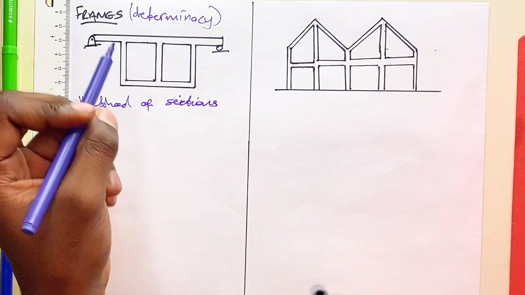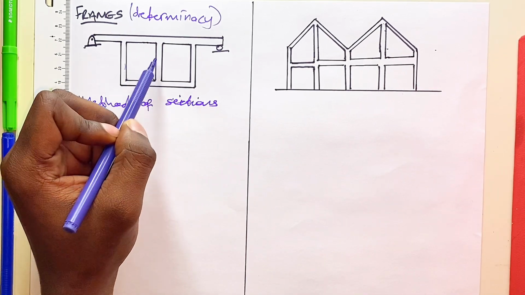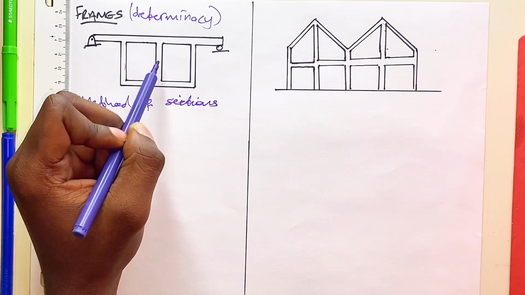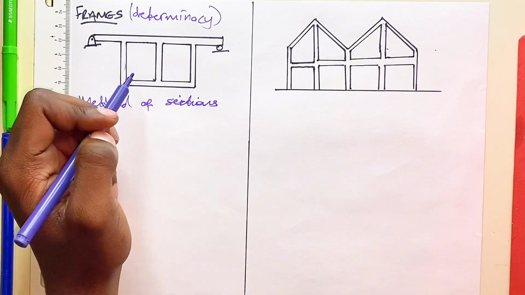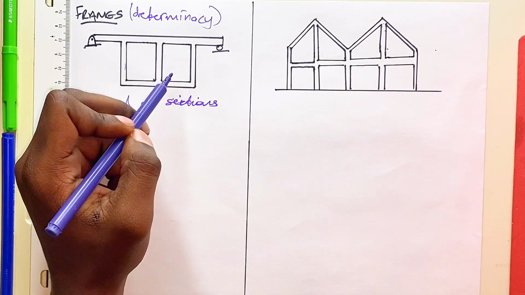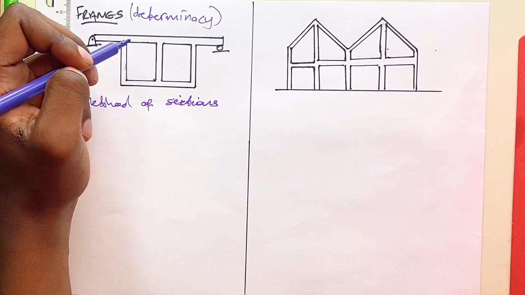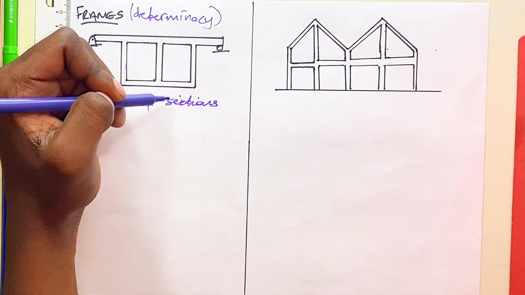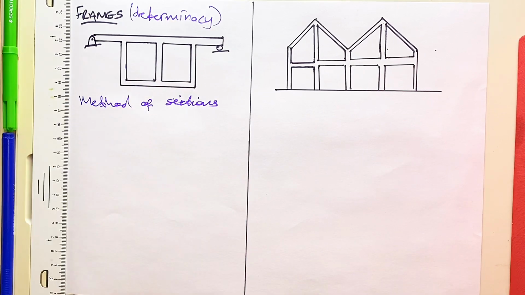You see how this element of the frame loops around and forms this box here. We want to cut that open. For frames, we use this method of sections, and we're going to cut open these loops so that it is no longer some sort of box like this.